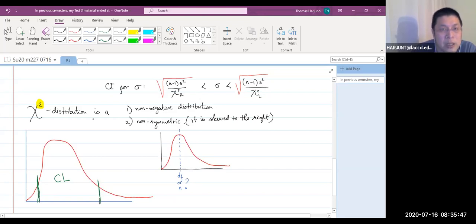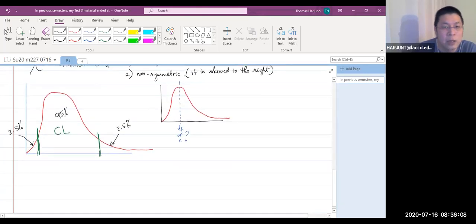Like for example, the confidence level is 95%. So the remaining 5% is shared by these two tails. This is 2.5%, this is 2.5%. Now the thing is, it is not symmetric. The one called chi-squared right is the one on the right-hand side, and chi-squared left is the one on the left-hand side.